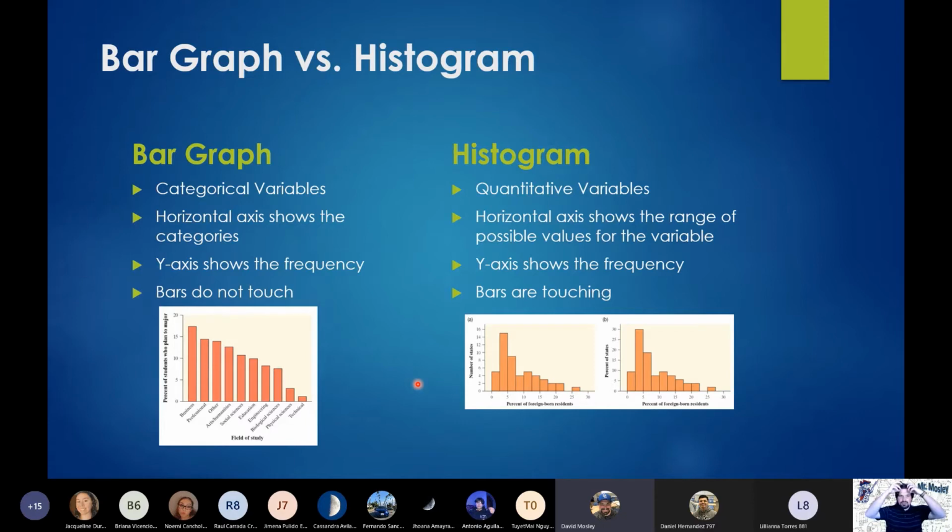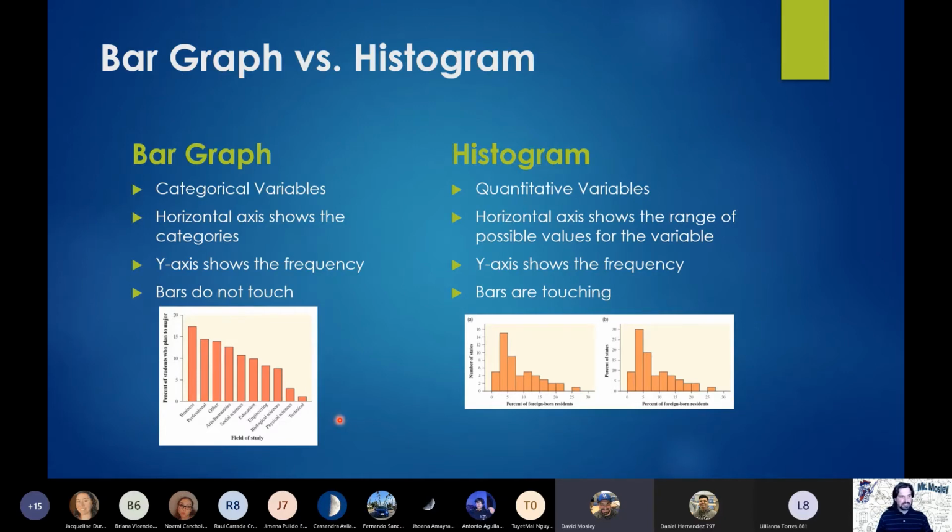The other thing, not just how to draw them, is that a bar graph cannot be described by a shape. I cannot say that a graph having to do with categorical variables has a skew to the left or skew to the right, or that it's approximately symmetric. It can't happen.